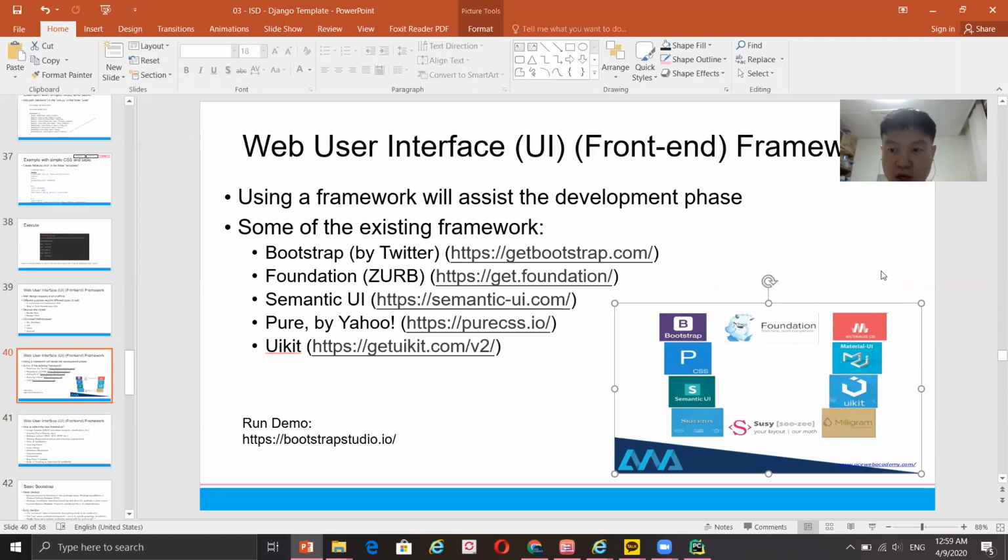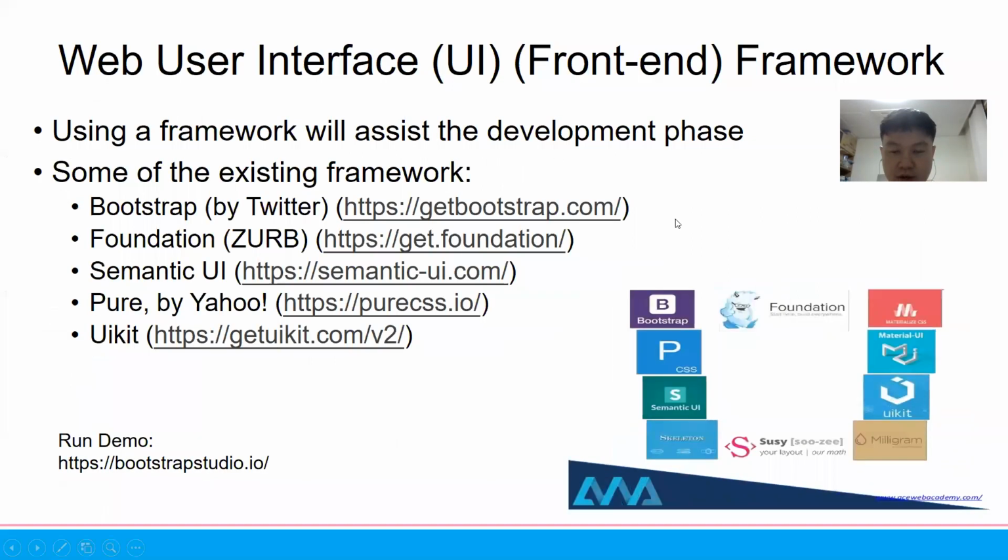Those are frameworks that are already available on the internet, and you can use them for free. They already have the CSS and the styling, and you can just call the functions.